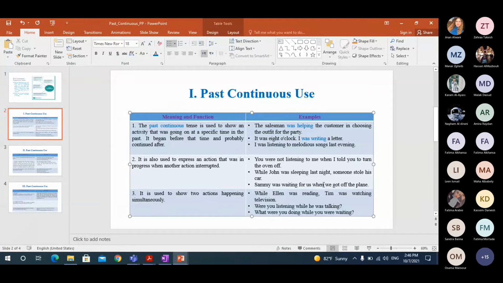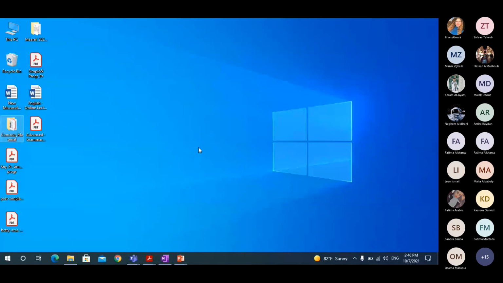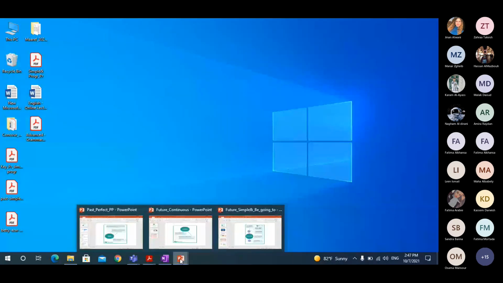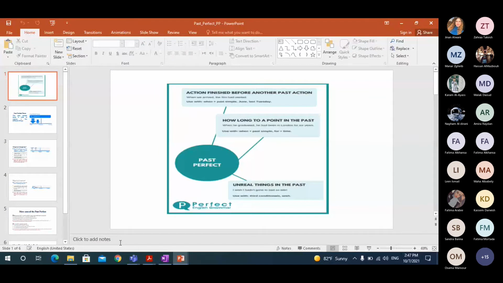And now let's see. We'll finish the past perfect today and we stop, explaining the past perfect. What's the difference between past simple and past perfect? Who can tell? And the present perfect. Now the form, you're talking about the form, not the use.